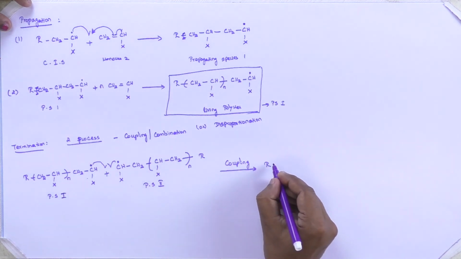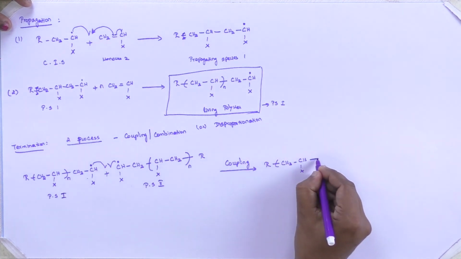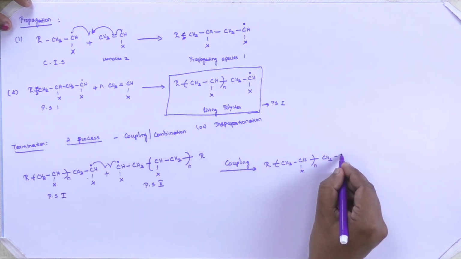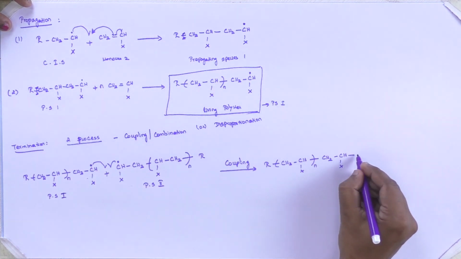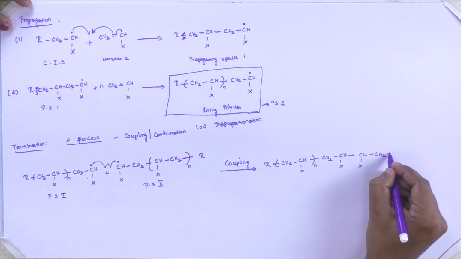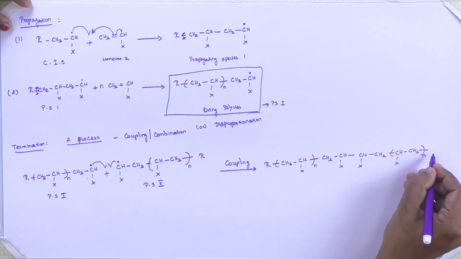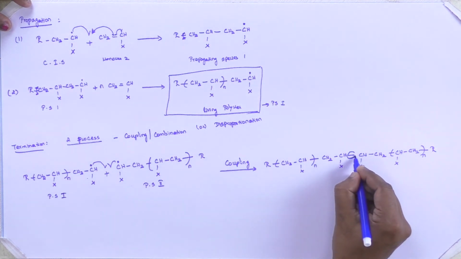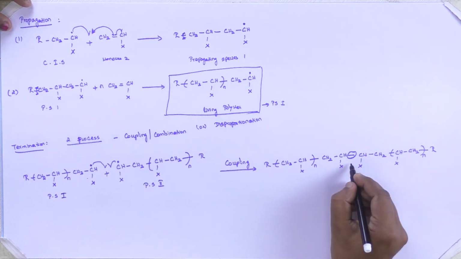So I am writing the product like this: CHX, n times CH2 single bond CHX, and you can see a bond is formed, CHX, CH2, CHX, CH2, n times R, where this is your newly formed bond.